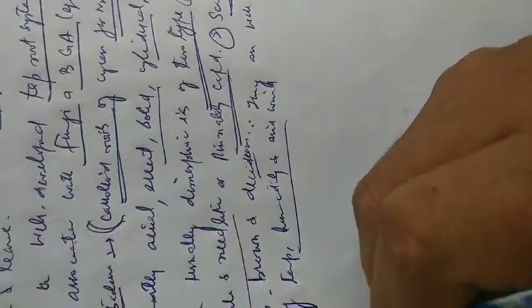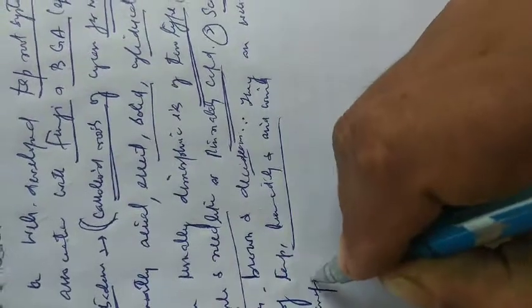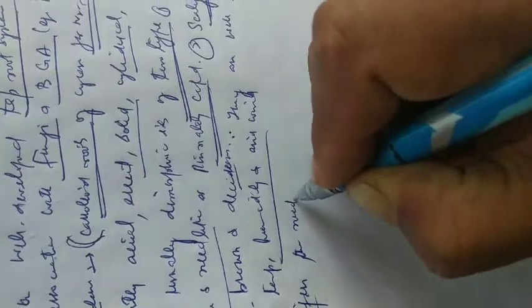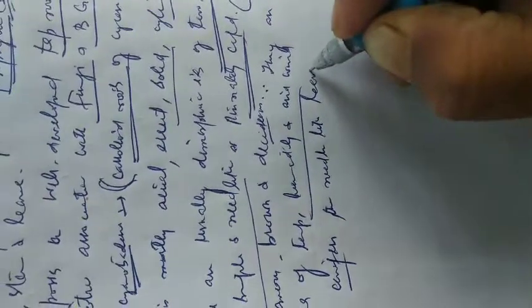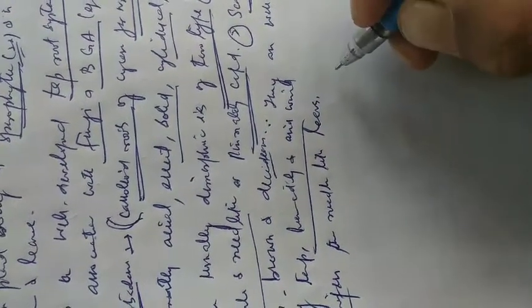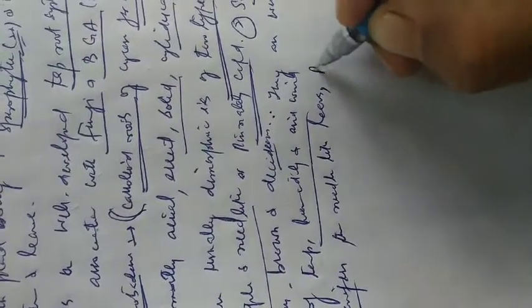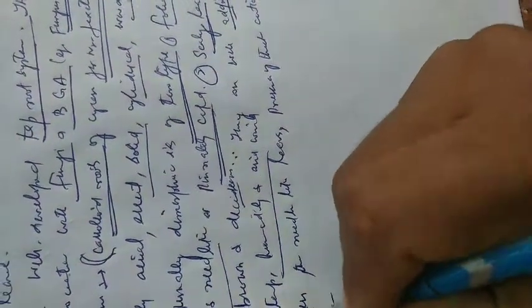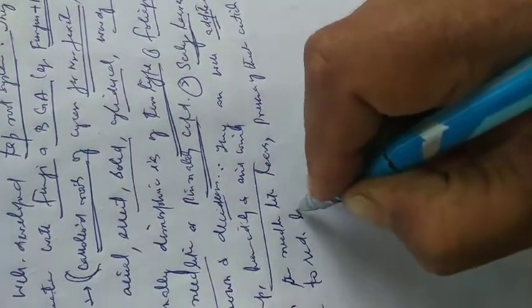Similarly, in conifers, the needle-like leaves, the presence of a thick cuticle and sunken stomata help them to reduce loss of water.